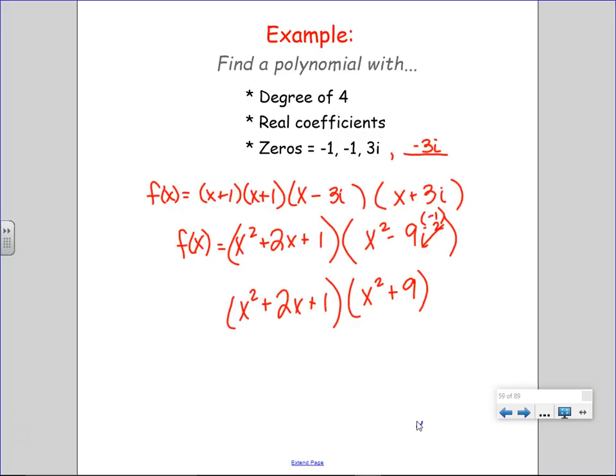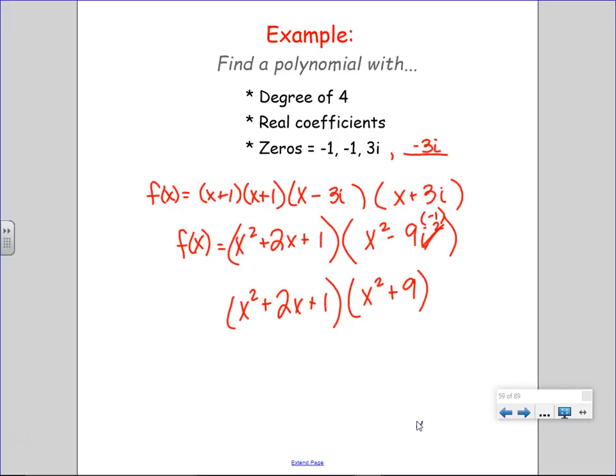So I did x squared. I knew that the outer plus 3ix and inner minus 3ix cancel. And then I did negative 3i times positive 3i, which is negative 9i squared. Remember i squared is negative 1. Yeah, i squared is a negative 1.